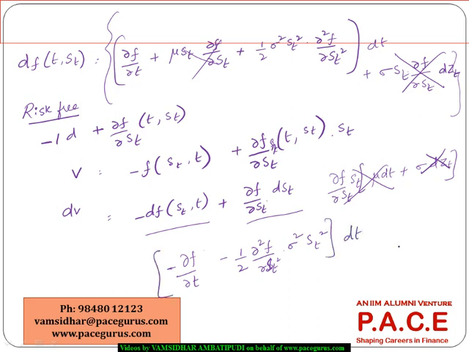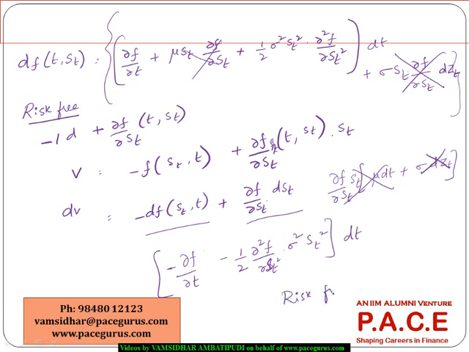Now there is no dzt term in this at all. Because there is no dzt term, I am very sure that whatever instantaneous change comes up in the value of the portfolio, whatever the gain or the loss over a short interval, is completely risk free.